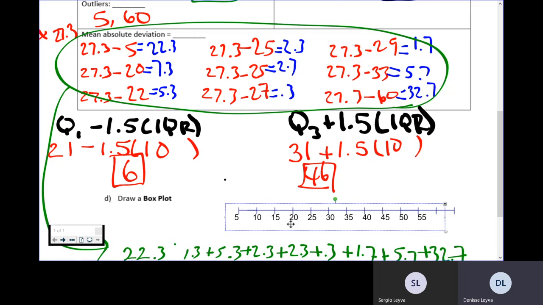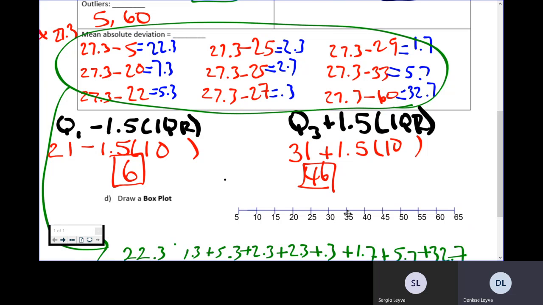Did I miss any? Let's see. 25, 30, 35, 40, 45, 50, and then 60, 65. Okay. So I have here my number line. Now the reason why I went by 5s is because that's the only way I can get 60, which is my max, and 5, which is my min, in this box plot.